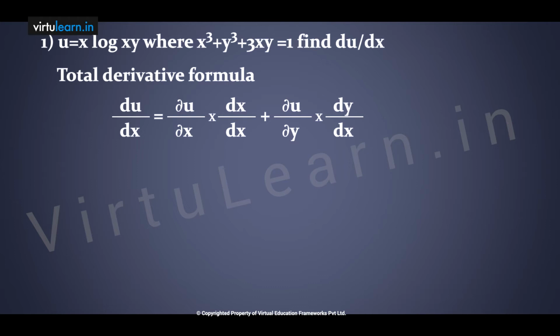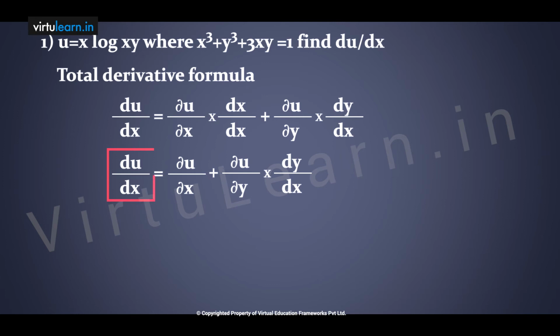Observe this, dx by dx we can cancel here. Therefore, du by dx equal to dou u by dou x plus dou u by dou y into dy by dx. This is the formula for this problem.